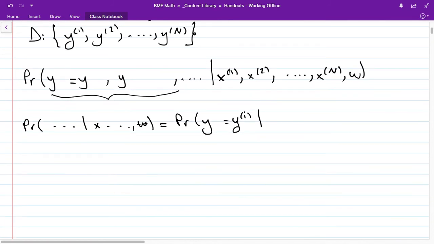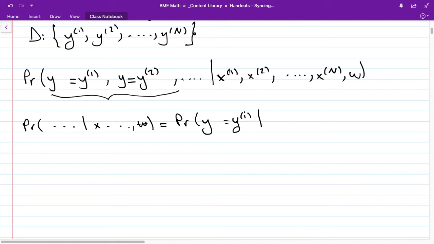Okay. So we want to maximize the probability of the thing that we observed, the y being equal to what we observed, the second one being equal to what we observed, and so on.